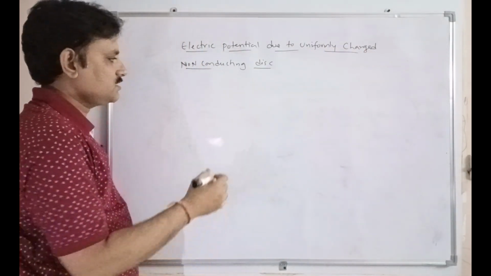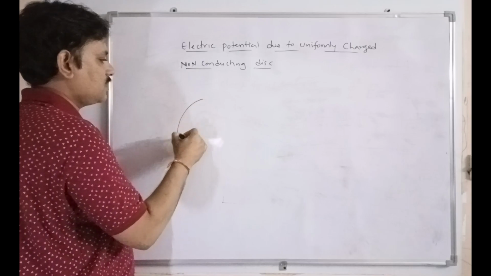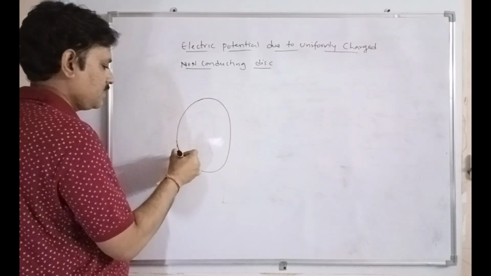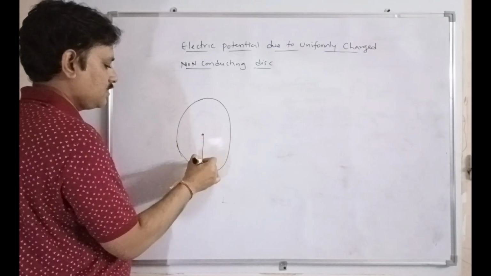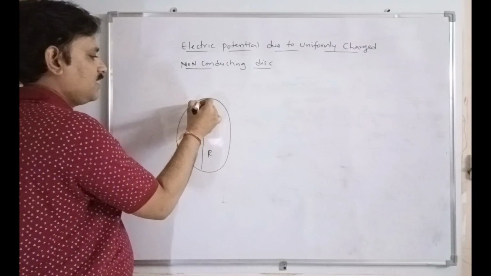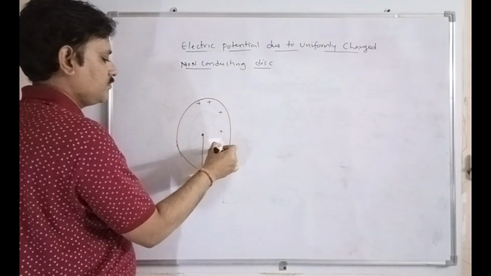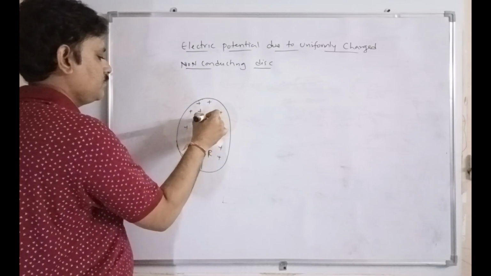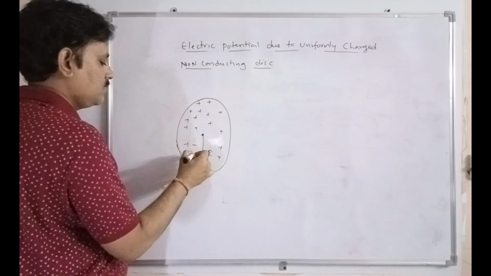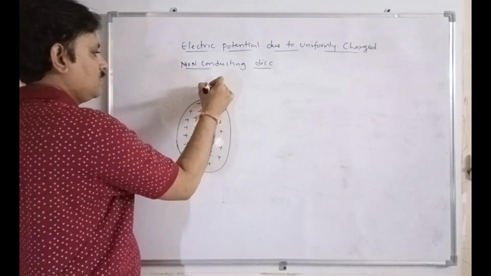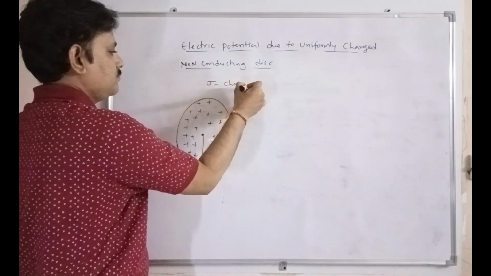So let us take a uniformly charged non-conducting disk having radius capital R and having positive charge, and the charge density is sigma. Sigma is the charge density.